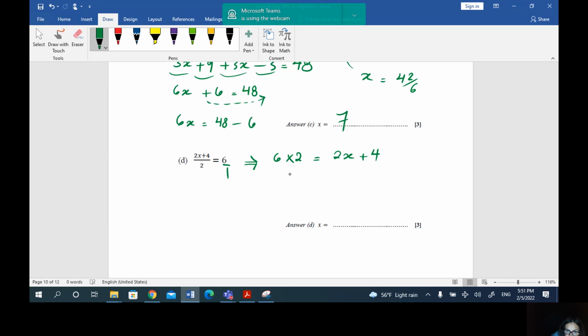So 6 times 2 is 12 is equal to 2x plus 4. So we're sending this to the other side. So it will be 12 minus 4 is equal to 2x. And then we're going to divide all this by 2. I'm running out of space here. So 12 minus 4 is 8. 8 divided by 2, x will be 4.